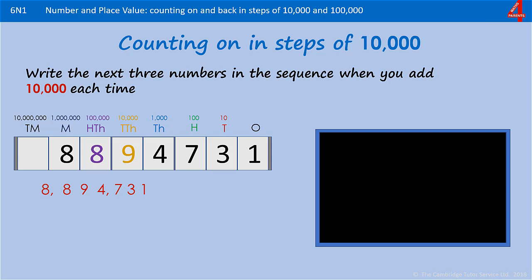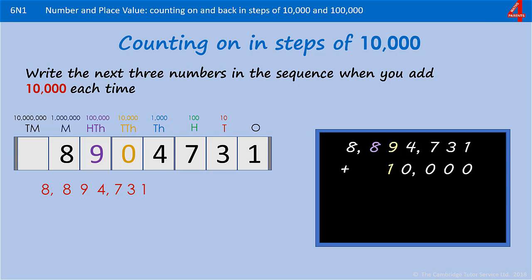That 10,000s column goes to 0. The 100,000s column has to go up as well to allow for that. So our number is now 8,904,731.